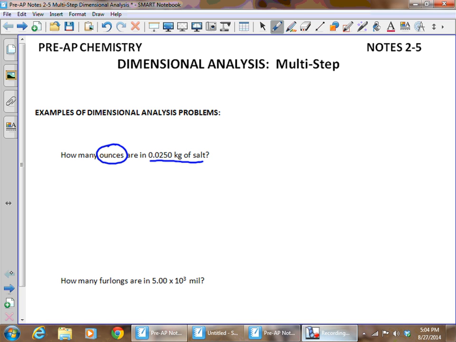We know that if we have 1 kilogram, we have 1,000 grams. So we know that's one conversion factor that we can use. We also, if we look back on that conversion factor page, can find a conversion factor that says that 1 ounce is equal to 28.346 grams.